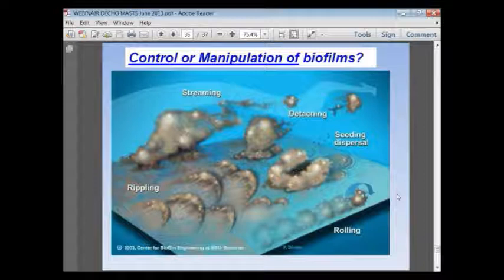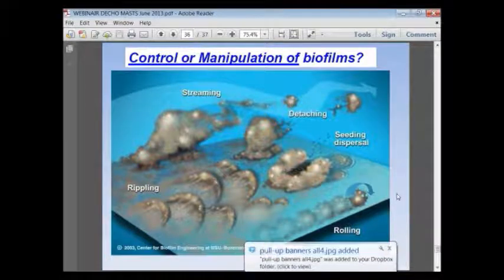Right. So if you could have some kind of way of delivering a mechanism for turning off AHL synthesis, then you would have a potential control of biofouling.